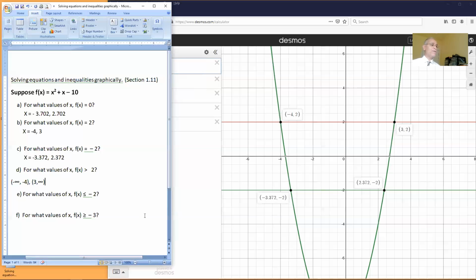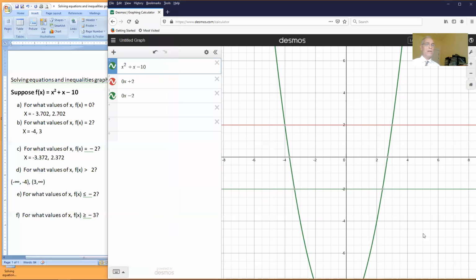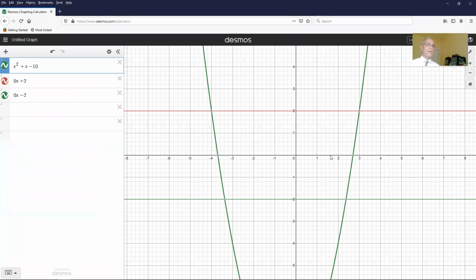Part E, for what values of x is f of x smaller than or equal to negative 2. Okay, smaller than or equal to negative 2. So we are looking at this point right here. At this point, f of x is smaller than or equal to negative 2 between this point and this point.